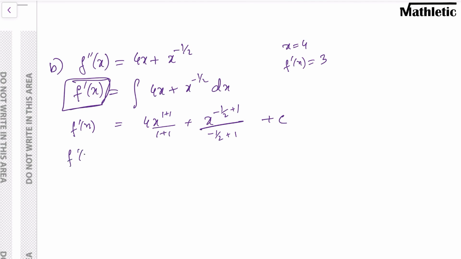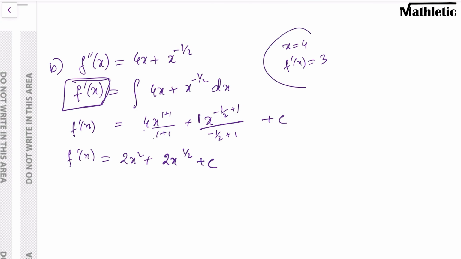So let me just simplify a bit. So this is 4 by 4, so 2x square. Then x to the power half divided by half. So 1 divided by half is actually 2, so 2x to the power half plus c.